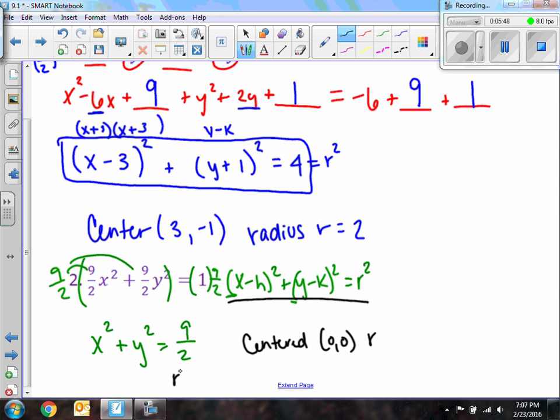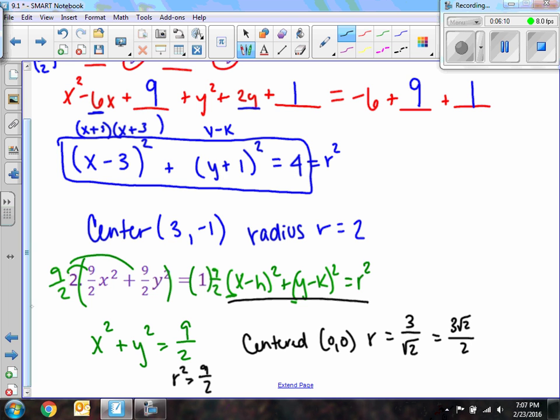Well, r squared equals 9 halves. R would then be what? So take the square root of 9, square root of 2, 3 over radical 2, or 3 radical 2 over 2, however you write it.